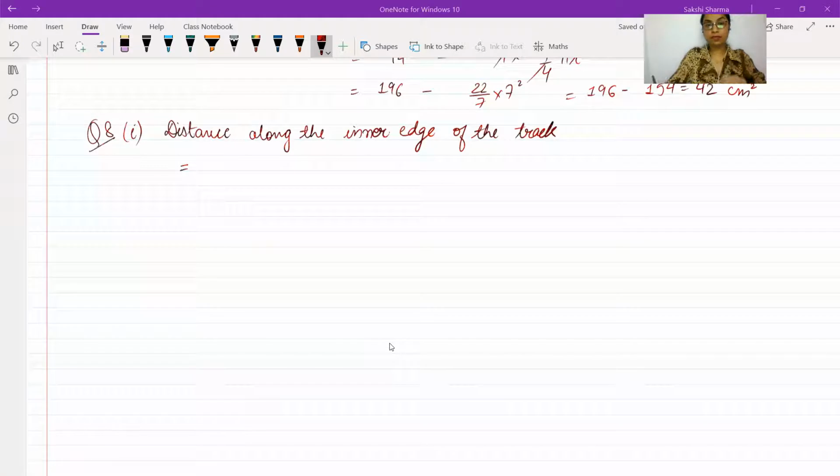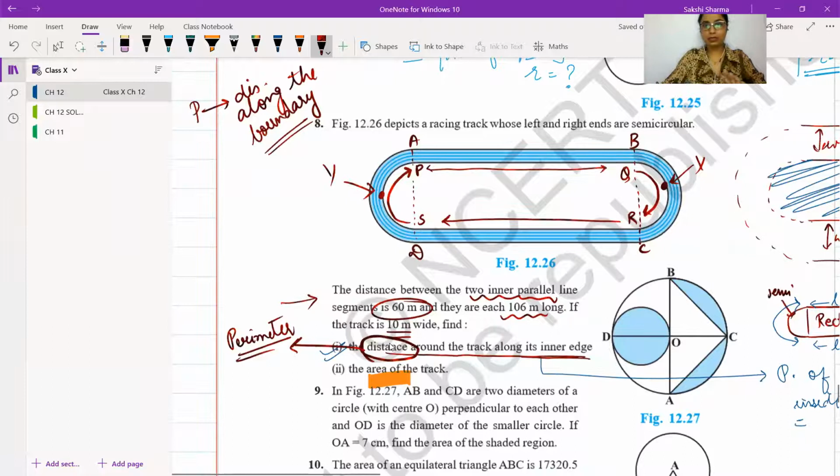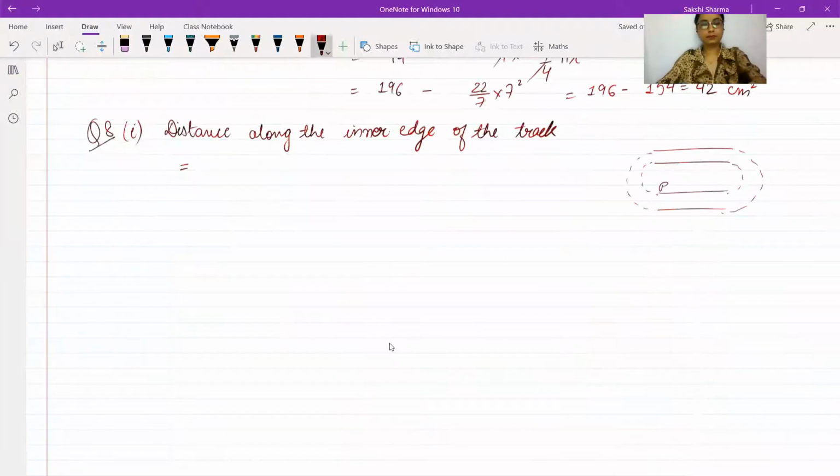So you have that figure. Please make sure that you draw that figure where you have marked those points, because I will be using the same names here in order to write my answer. So this is P, Q, R, and S. Over here, I've taken point X, and over here, I've taken Y.